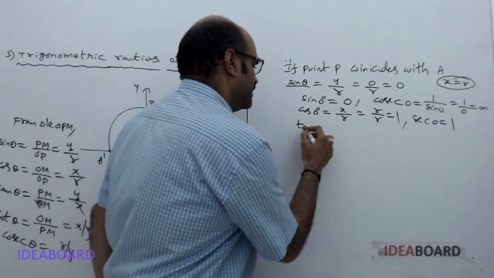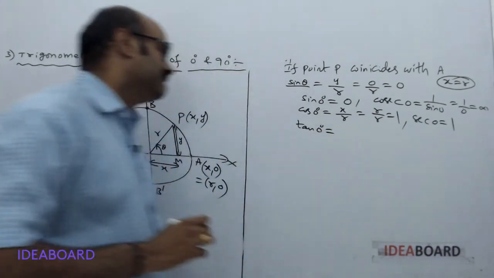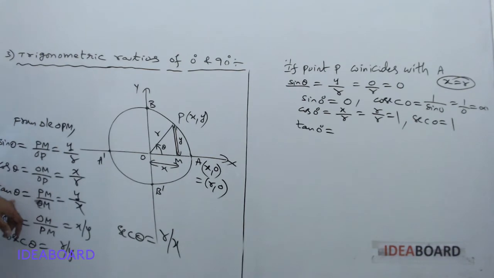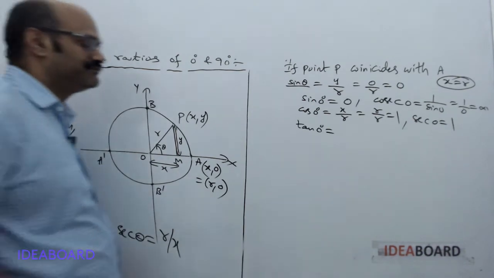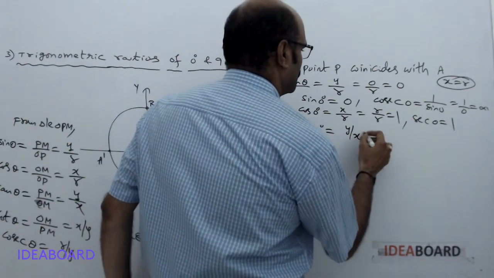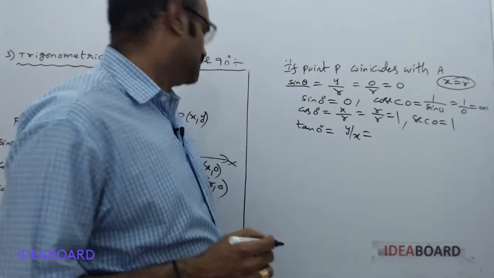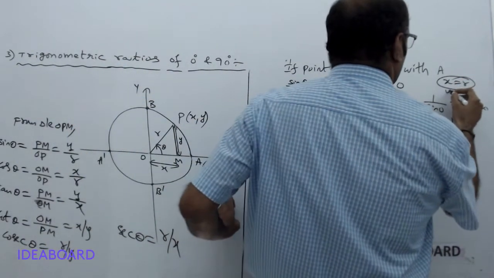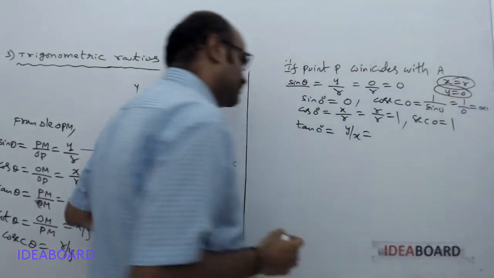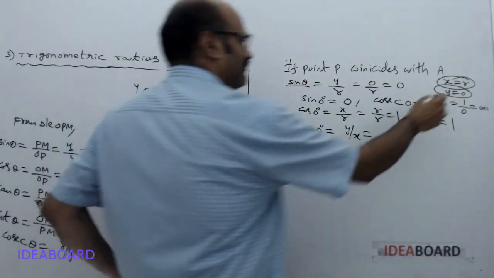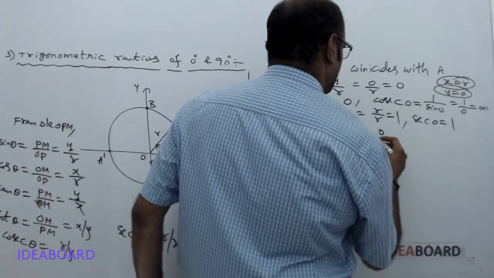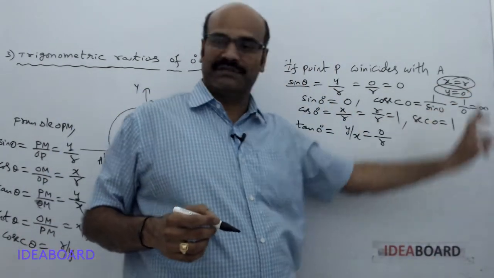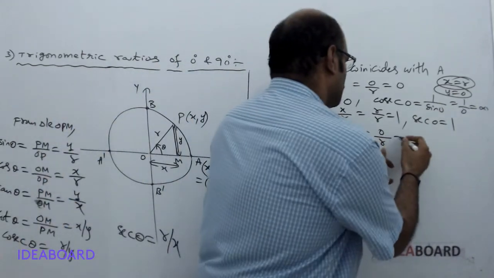Now tan 0 degrees equals, by the tan theta formula, y by x. Here the y coordinate is 0 and x equals r, so it is 0 by r, which is always equal to 0.